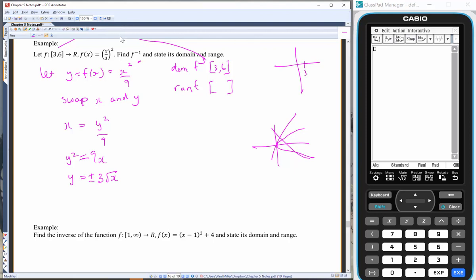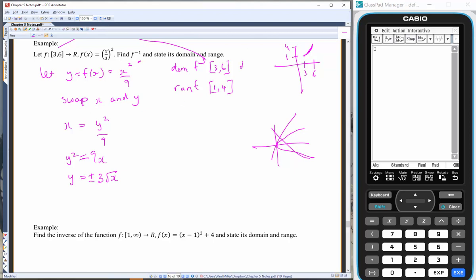If I put 3 in, that's going to be 1, 1 squared is 1. When I put 6 in, it's going to be 2 squared, which is 4. 6, 4. All right, so that's going to be what we're looking at. So the range is going to be 1 to 4.